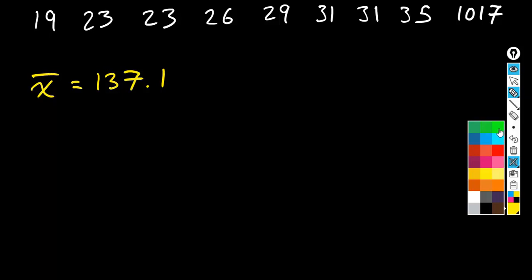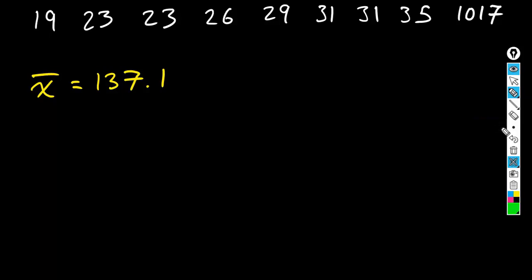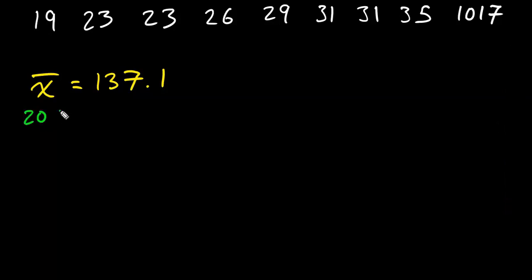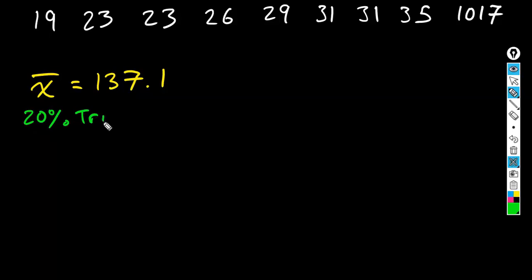We did not do a weighted mean for this because this isn't really the type of data that we would use it for. We did do a 20% trimmed mean though, and we found our 20% trimmed mean to give us a 28.